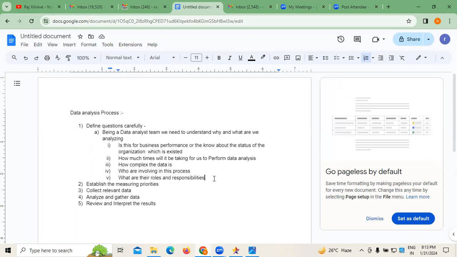But at the same time, whenever we are doing data analysis within the organization, let's say you are an employee working in the organization where you want to perform this, then whatever responsibilities we have will be something different. So what their roles and responsibilities are is also one of the key and important elements we have to look at, right? Who is involved in the process, what are their roles and responsibilities, all that.